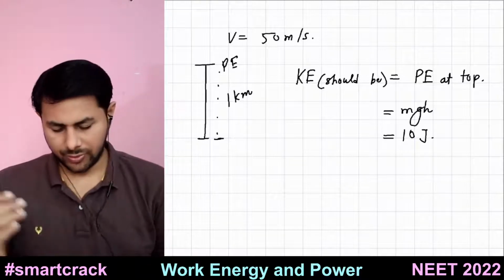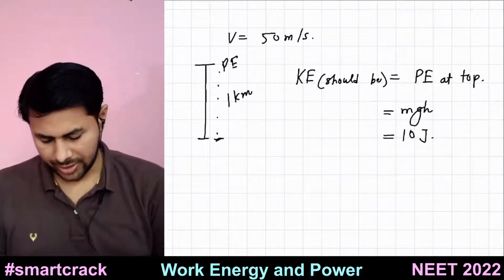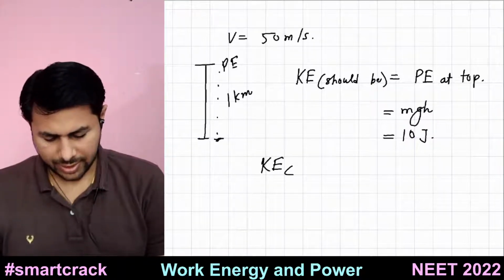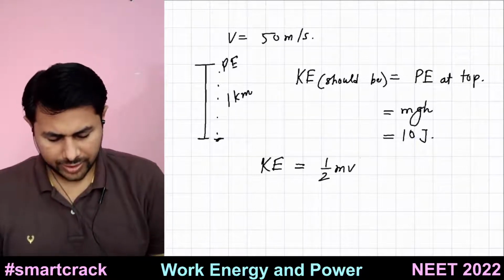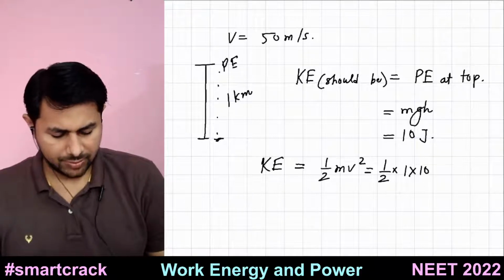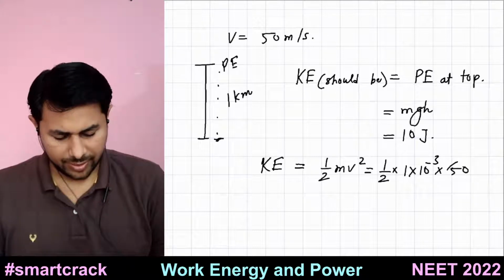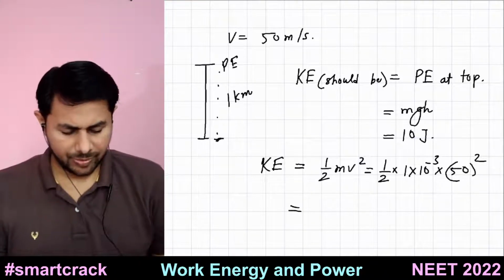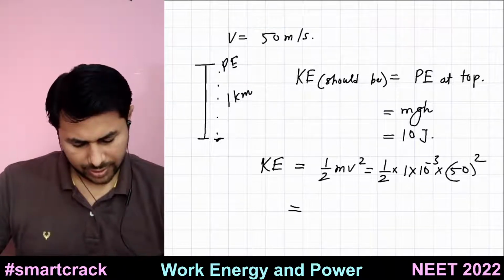But now what you will do is find out the kinetic energy at this point. So actual KE is equal to half m v square, that is half of m, which is 1 into 10 raised to minus 3, into v square. V is 50, 50 square, that is 2500.